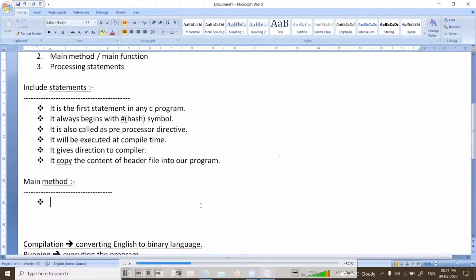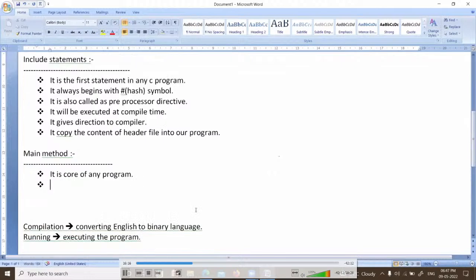What is the main method? It is the core of any program. The main method is there in C language, in C++ language, and in Java language. In many programming languages, a program always starts its execution from main.